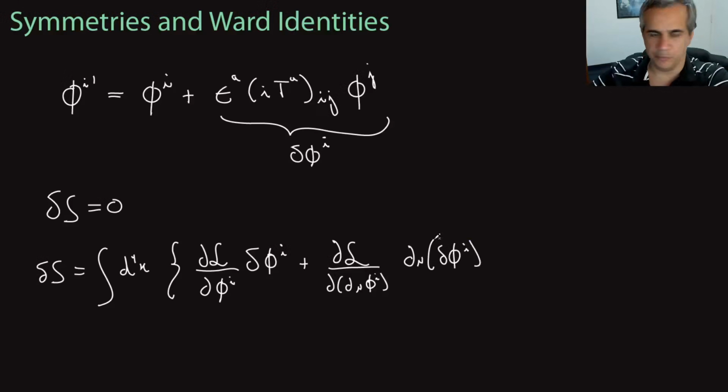And I'm assuming these two things commute, so the variation under this transformation passes through the derivative.